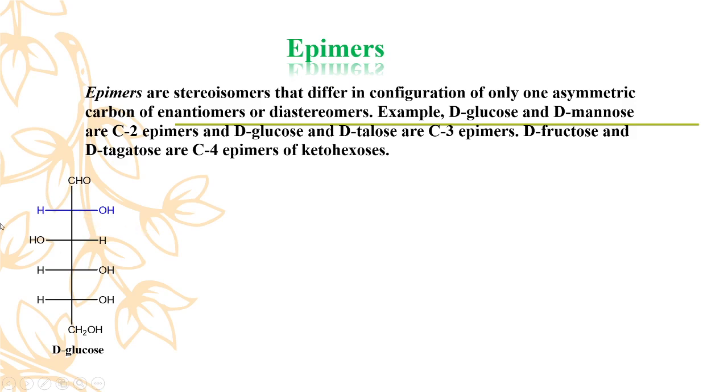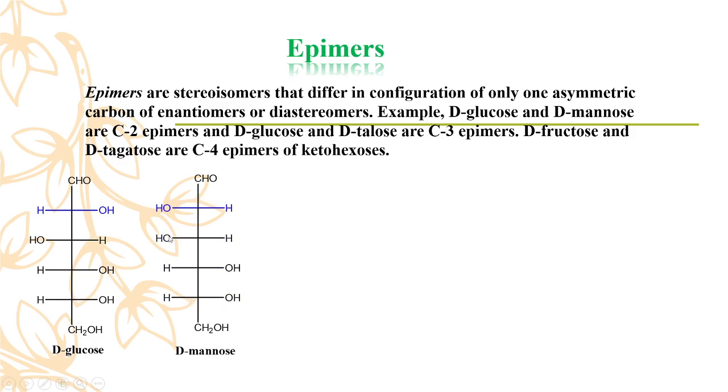So rotate from first, second, third to fourth. It rotates anti-clockwise, but since this hydrogen is on the horizontal line, this S is converted into R. So the configuration of this chiral center is R. This is D-glucose, and this chiral carbon has the R configuration. This carbon atom is S, this is R, and this is also R. This is the structure for D-mannose.